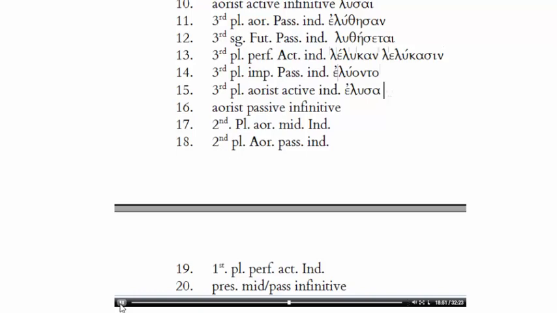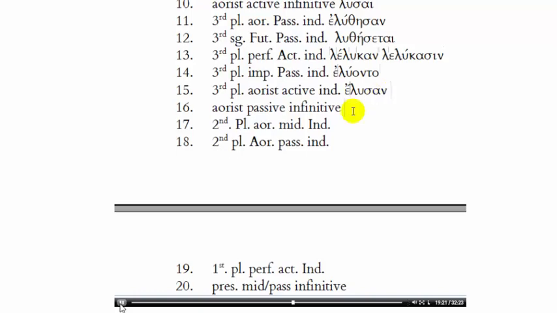Statistically, you've got a 70% shot at getting it right. So again, we start with the third principal part here. So the third plural aorist active indicative, well, elusa, elusas, elusen, elusamen, elusate, elusan. Okay, elusan. And we'll accentuate that as so. Very good.